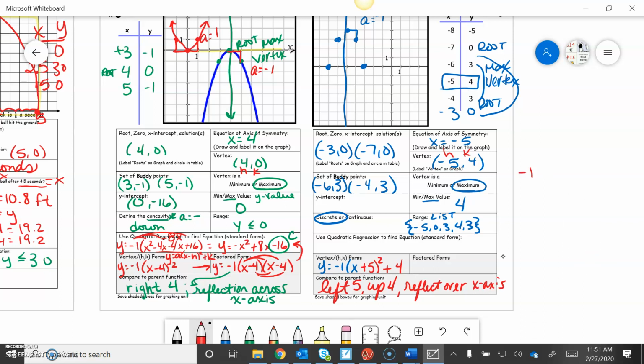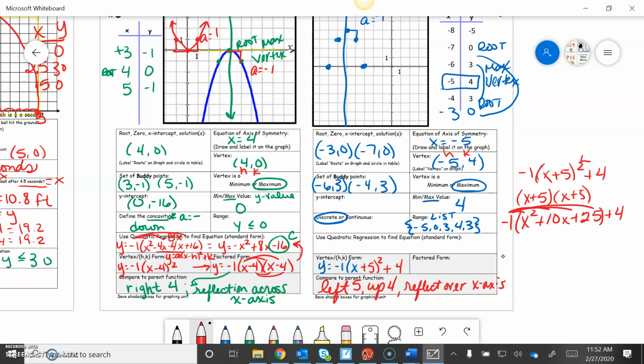We're going to go ahead and multiply it out. So we have x plus 5 quantity squared plus 4. So I'm going to say x plus 5 times x plus 5, which is in fact x squared plus 10x plus 25. I'm going to go ahead and add my 4, my parentheses, and my -1. So I need to distribute by order of operations.